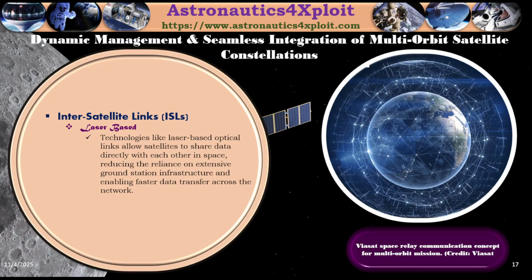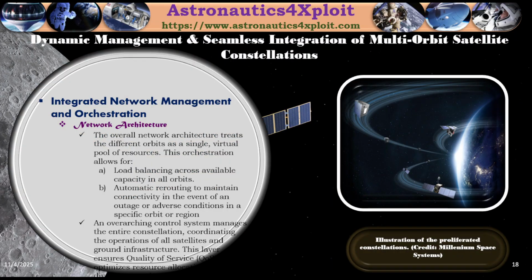Technologies like laser-based optical links allow satellites to share data directly with each other in space. This thereby reduces reliance on extensive ground station infrastructure and enables faster data transfer across the network. Vast space relay communication concept for multi-orbit mission is shown in this picture.